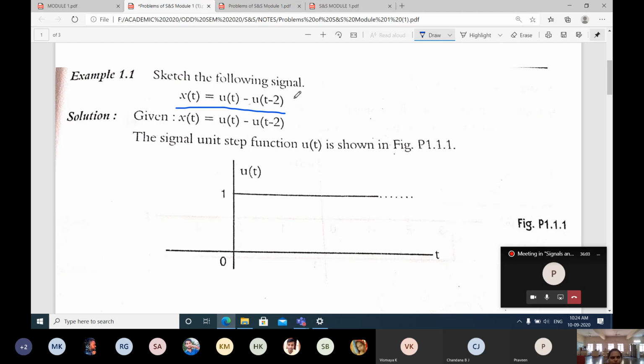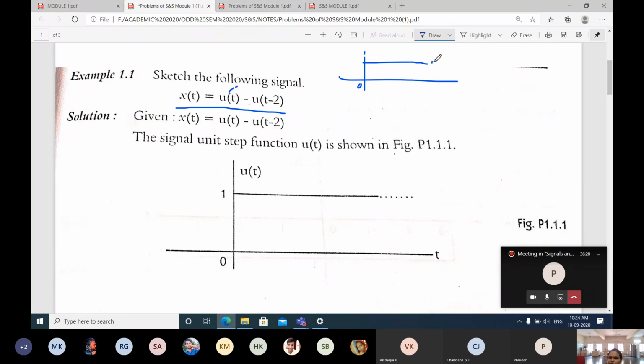First, what do you have to do? Which one is u of t? U of t is called the unit step function. We come across this. What is our unit step function? It always varies from 0 to infinity. From 0 to infinity, it is always 1.